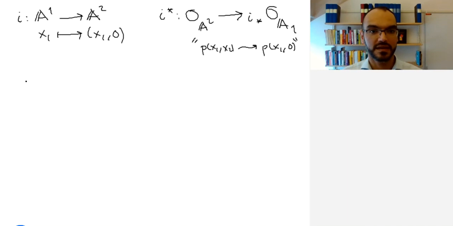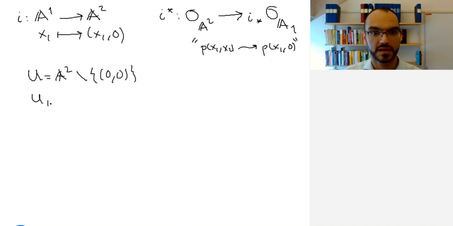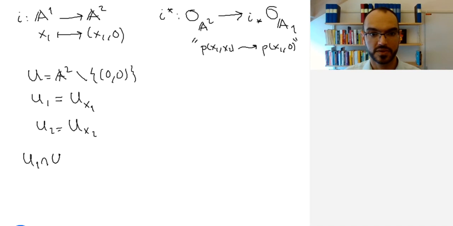And now if we take U as A2 without the origin, take U1 to be the set where x1 does not vanish, and take U2 to be the set where x2 does not vanish, then the intersection is of course the set where neither x1 nor x2 vanishes.